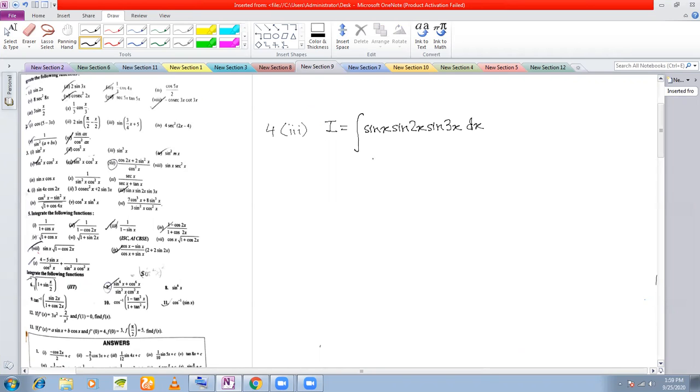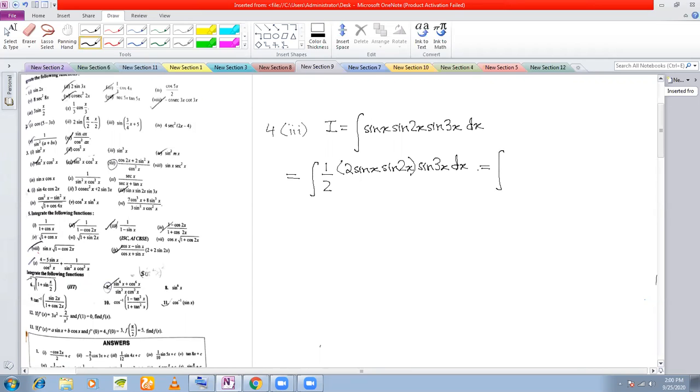This is your question. Now see, this is a product of three sines. You take any two sines. Suppose I take the first two sines, 2 sine x sine 2x, and then a sine 3x dx.